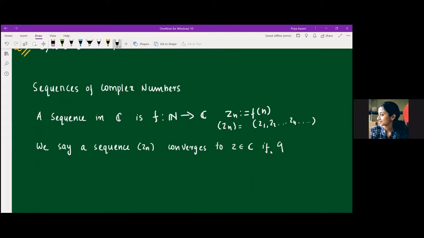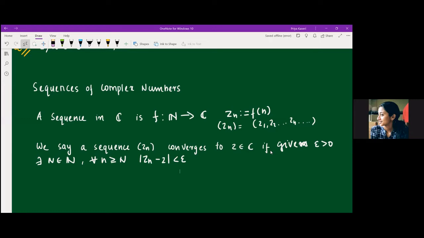Given epsilon positive, there exists a stage N, and after that stage, for all n greater than or equal to N, mod Zn minus Z is less than epsilon. That is, we should be able to estimate Zn minus Z as we wish.